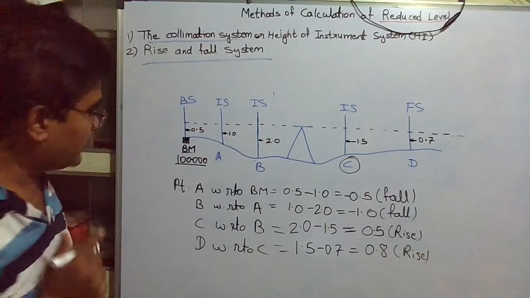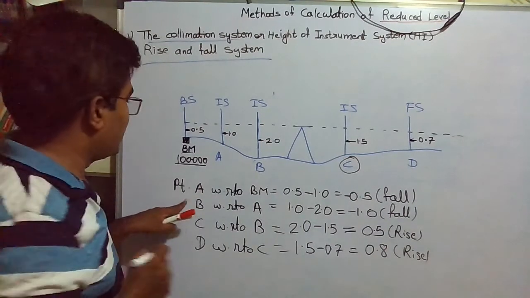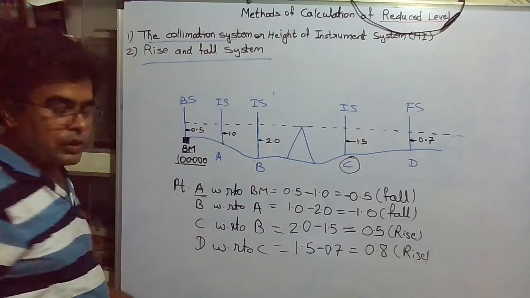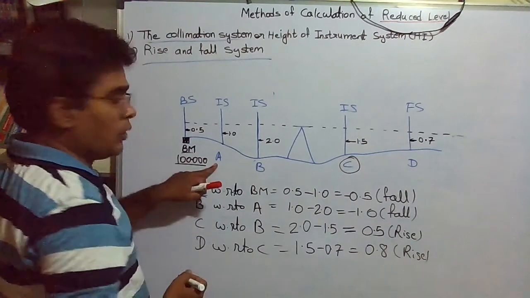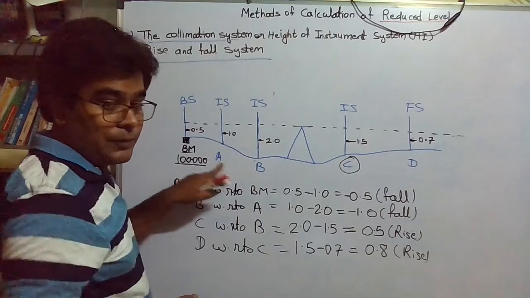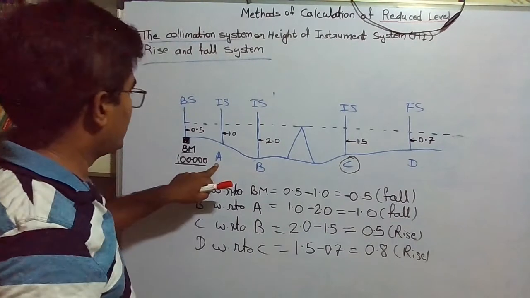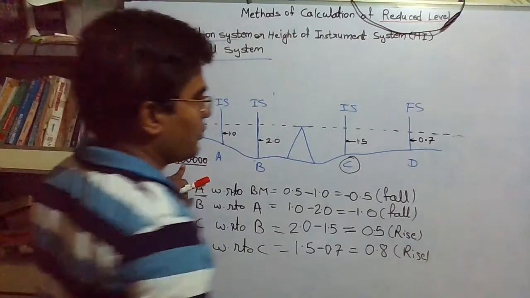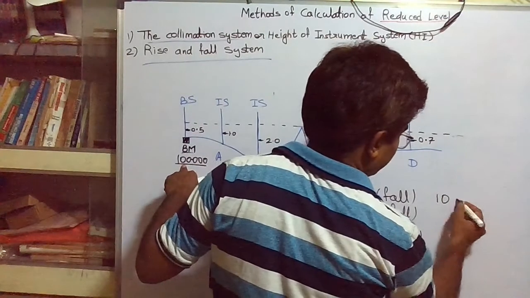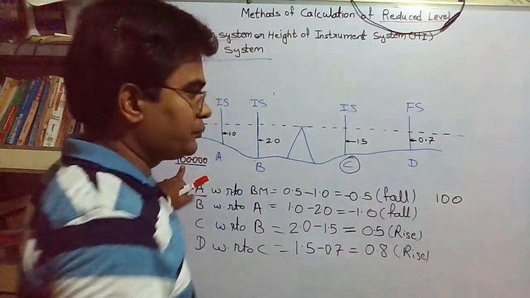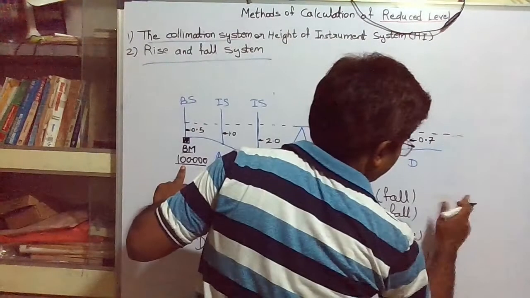Now we calculate the RL of point A, where we compared point A with the benchmark. What is the RL of the benchmark? RL of the benchmark is 100. So what will be the RL of point A?